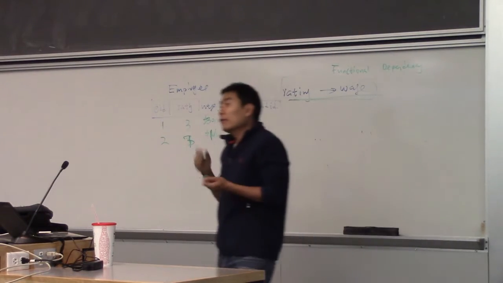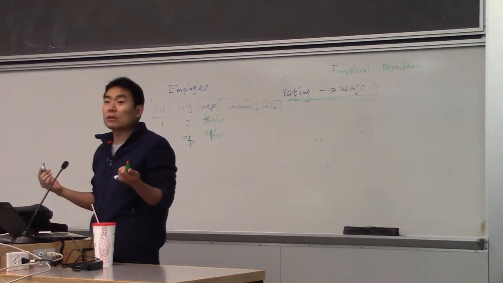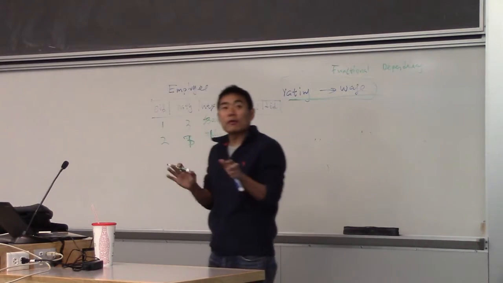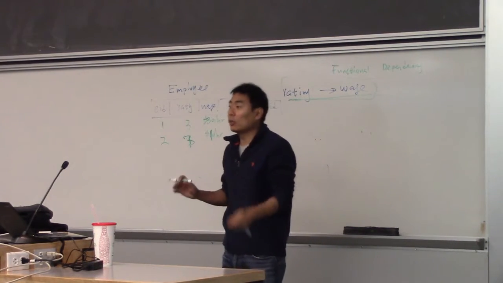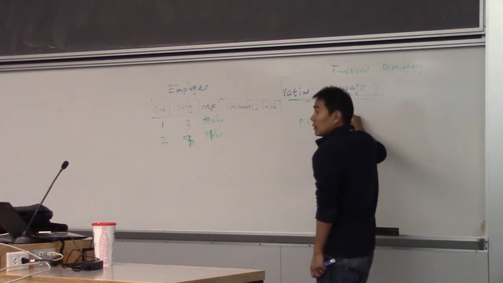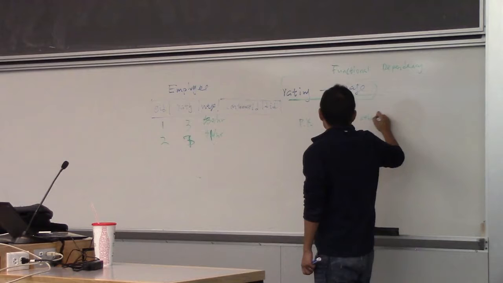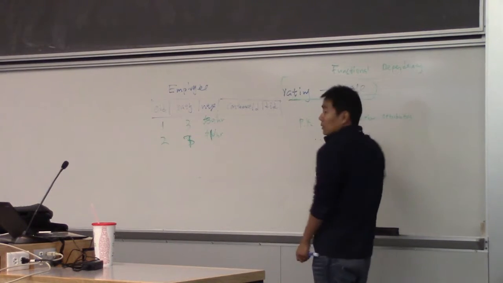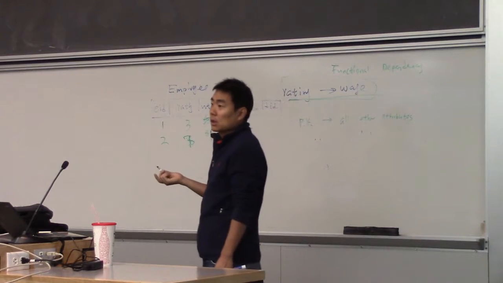Functional dependency. In fact, we have talked about some form of functional dependencies, right? One trivial functional dependency that holds for any schema is what? The primary key determines all other attributes. Why?